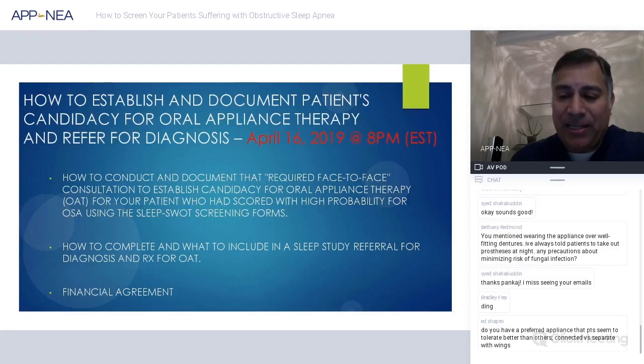I recommend taking a wet gauze pack and literally wiping the inside of their mouth, because the wet gauze acts like a little micro brush. So to minimize the risk of fungal infection, hygiene is key. Appliance hygiene and oral hygiene, even in dentulous patients, is the key.